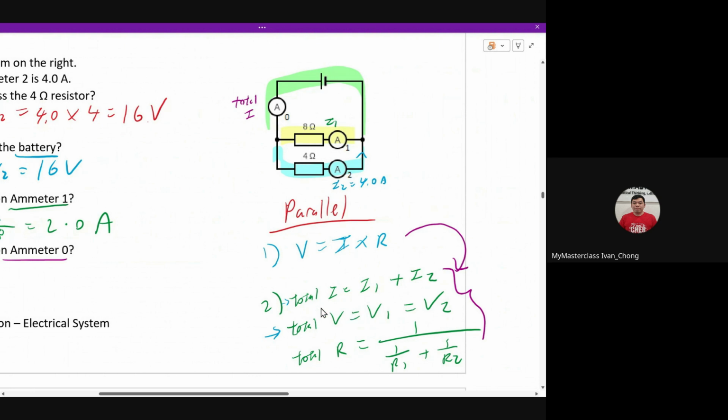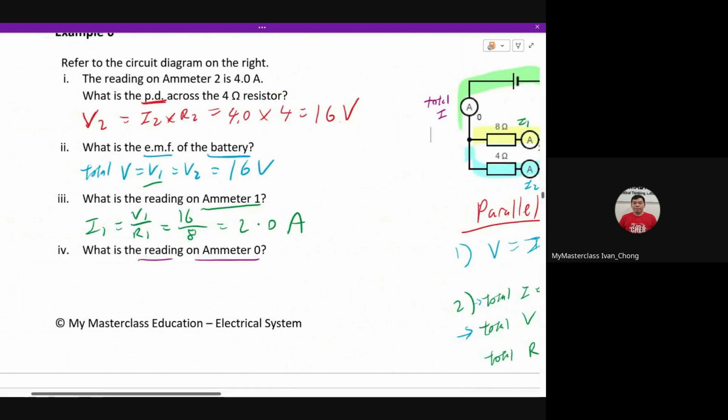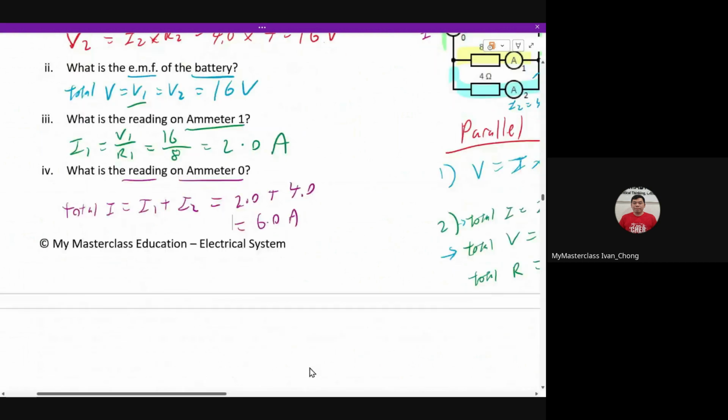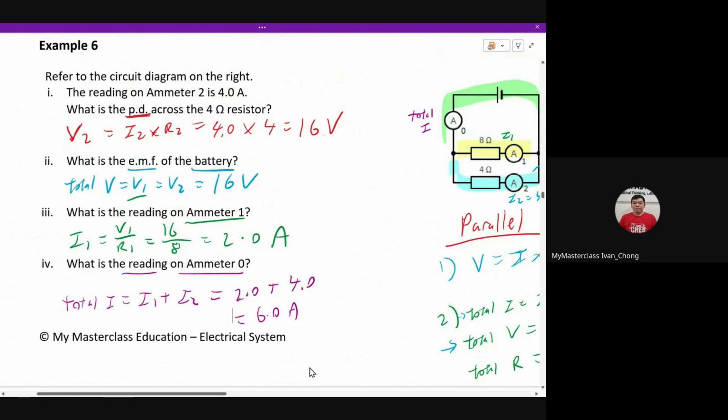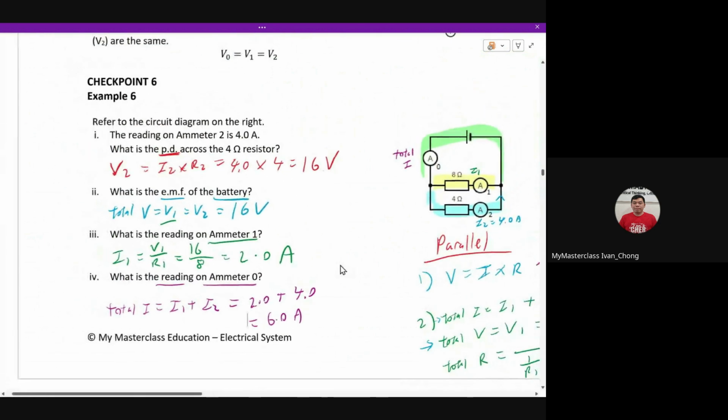So you're going to find total I down here, right? What's the formula? Total I is I1 plus I2. Do we have I1 and I2? Yes, we do. What's I1? I1 is 2.0 plus I2, 4.0. So it is 6.0. Okay? So this is our answer. This is how we solve for your values over here. All right?